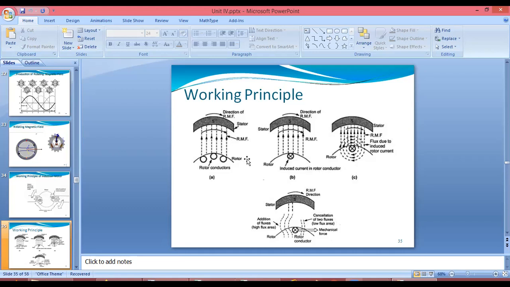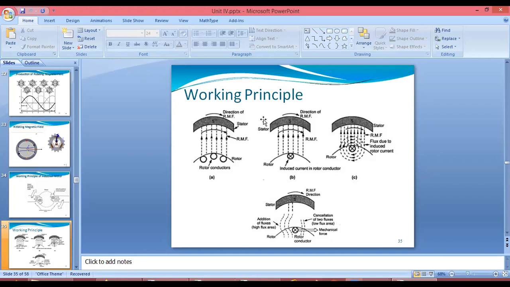When the conductor is cut by this magnetic field, there is a generation of magnetic flux around this induced current. So you can see here, around this you will get the flux due to the induced rotor current according to Faraday's law.